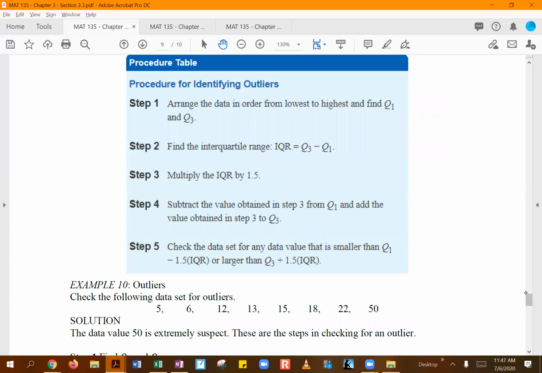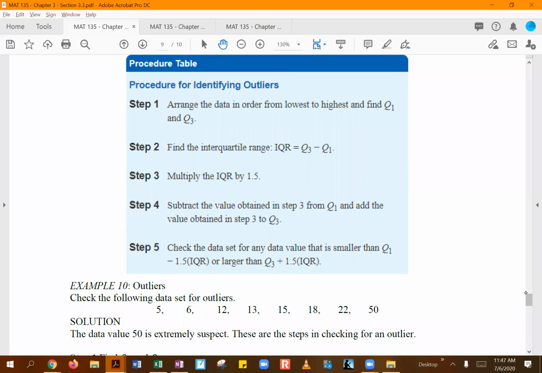So again, how can we identify if our data set actually has an outlier? Sometimes it's easier to look at your data set and something may jump out. But the other thing we can do is follow this procedure over here. Start by arranging the data in order, going from the lowest to the highest. Then find your quartiles 1 and 3.